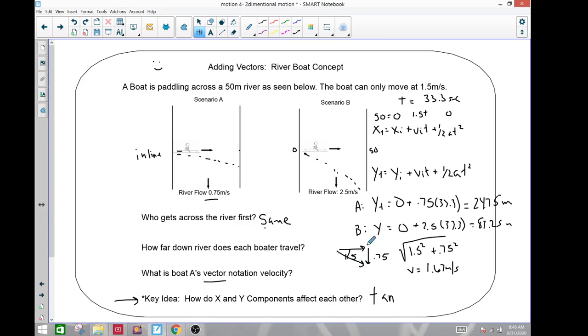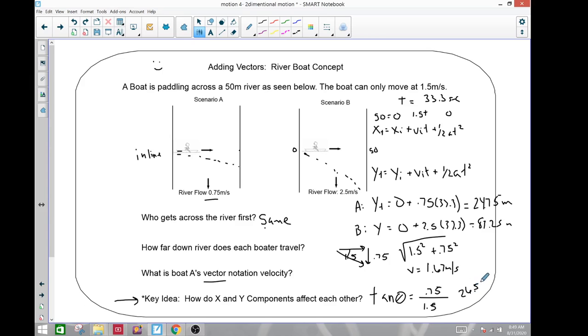At this point I have all three sides, so I could use sine or cosine, but I'm going to use this one. The opposite, which is 0.75, over the adjacent, which is 1.5. We solve it out, divide, and take the inverse tangent of both sides. This division is 0.5, so the inverse tangent of 0.5 is 26.5 degrees, which seems about right.